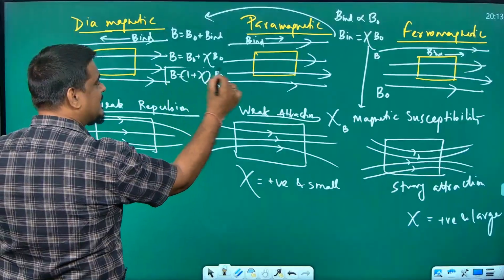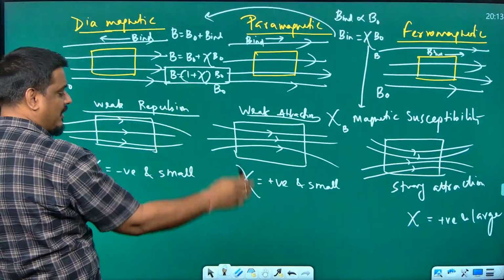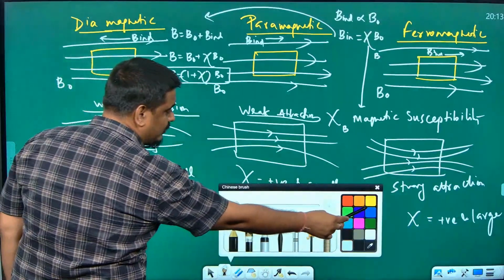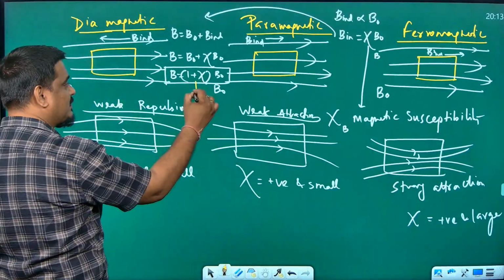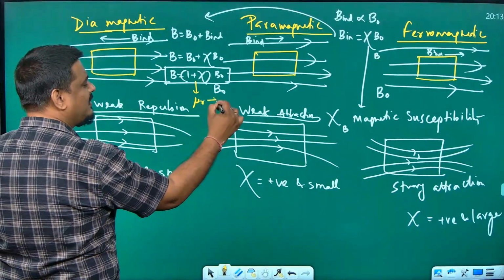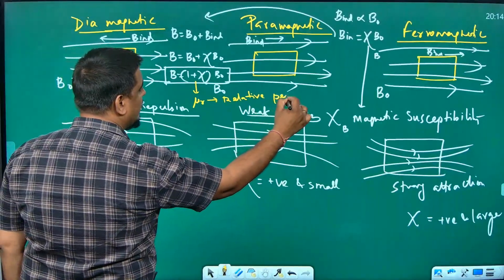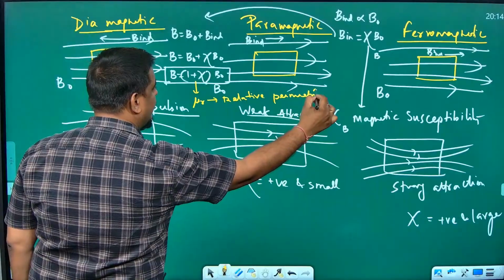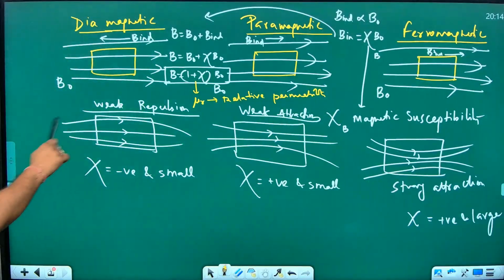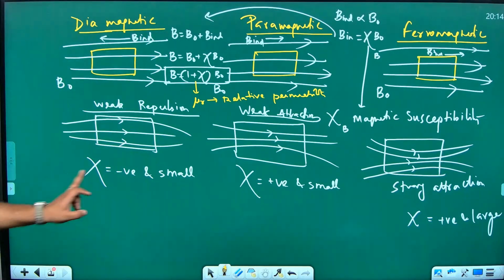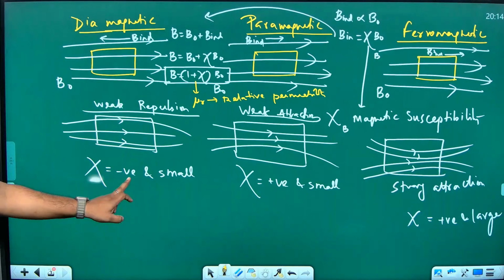This 1 plus chi is called as what? It is called as mu r. Mu r means relative permeability. So since mu r is 1 plus chi, chi is negative and small.